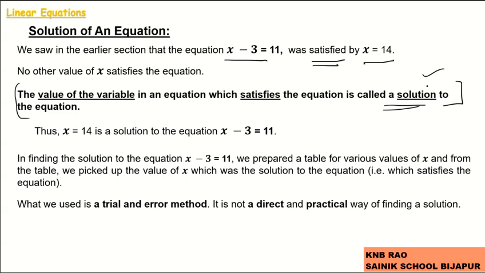Students, so far whatever we have done in finding the solution of an equation is the trial and error method, which I have already mentioned. Whether x equals 3 satisfies or not, x equals 4, 5, 6, we checked up to 18. Amongst these, x equals 14 alone satisfies this equation, we have already seen.